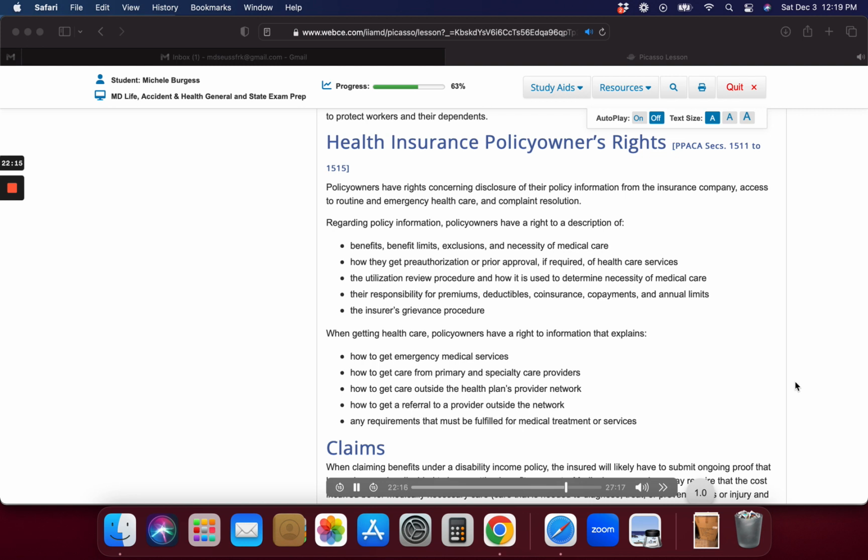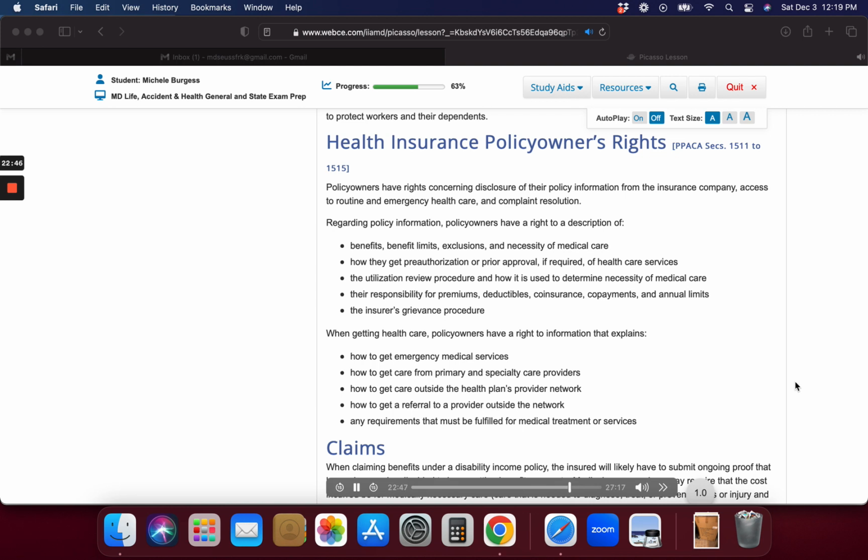Health Insurance Policy Owners' Rights, PPACA sections 1511 to 1515. Policy owners have rights concerning disclosure of their policy information from the insurance company, access to routine and emergency health care, and complaint resolution. Regarding policy information, policy owners have a right to a description of benefits, benefit limits, exclusions, and necessity of medical care.